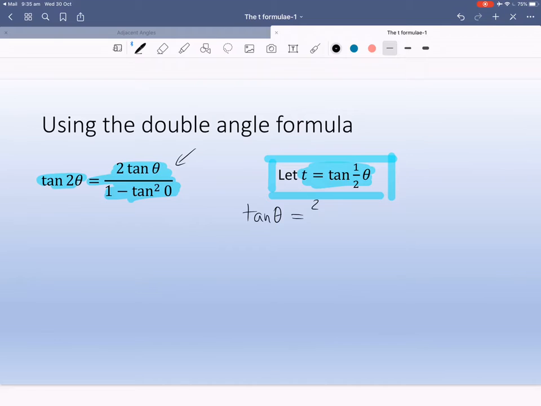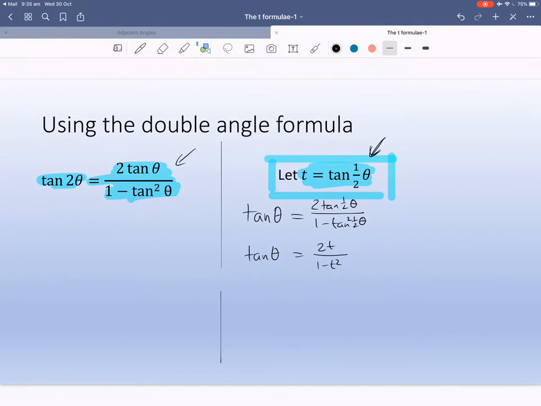It's going to be 2 tan half theta over 1 minus tan squared half theta. Now, because we have this substitution, I can just go 2t over 1 minus t squared, because t equals tan half theta. So that's what tan theta is.